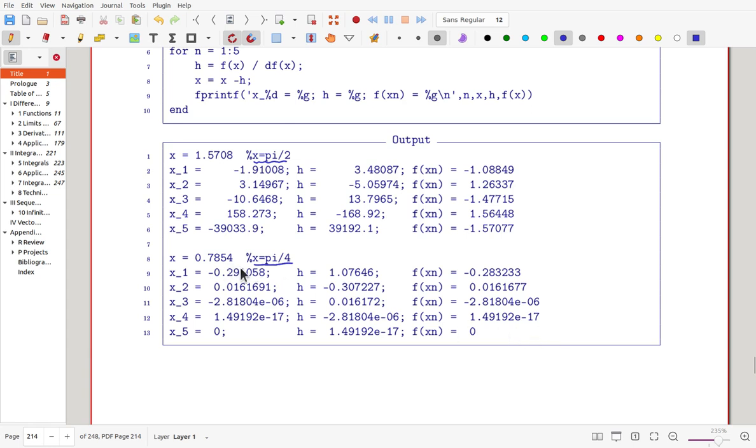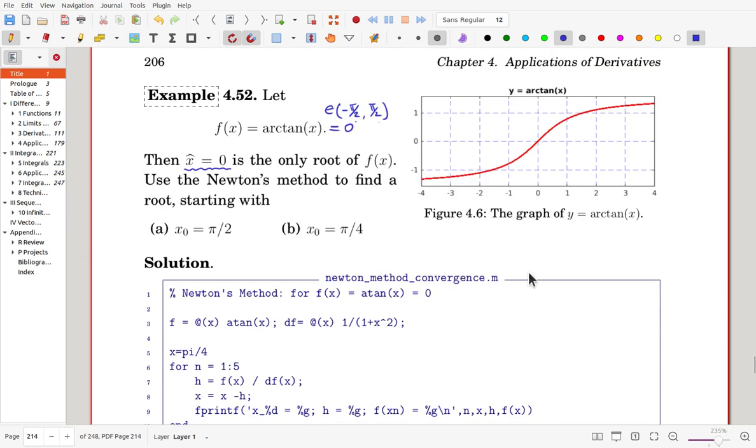So once the initial value is near to 0, it converges, and if it is somewhat far, then it is divergent. Pictorially, we can explain in this way. It's pi over 2, then that is larger than, yes, 1.5.